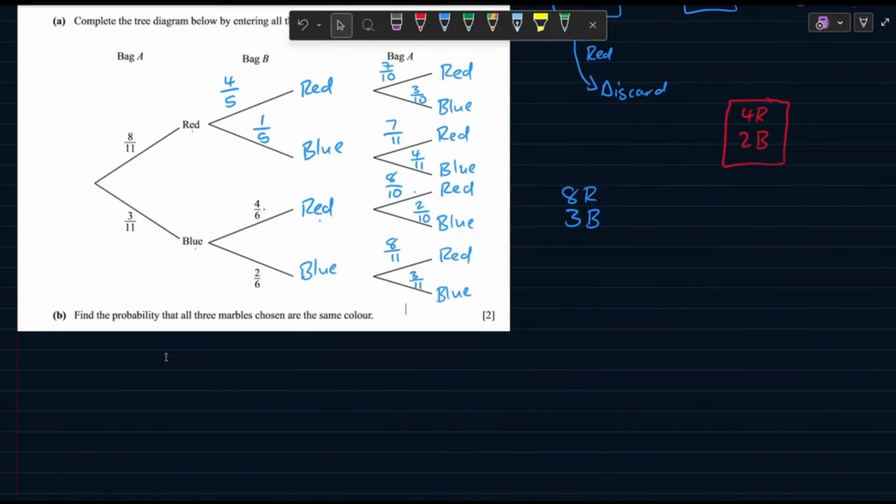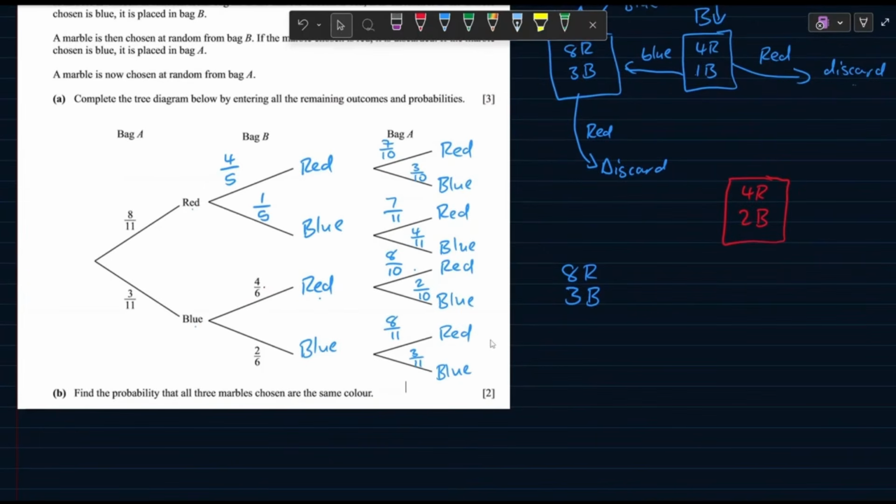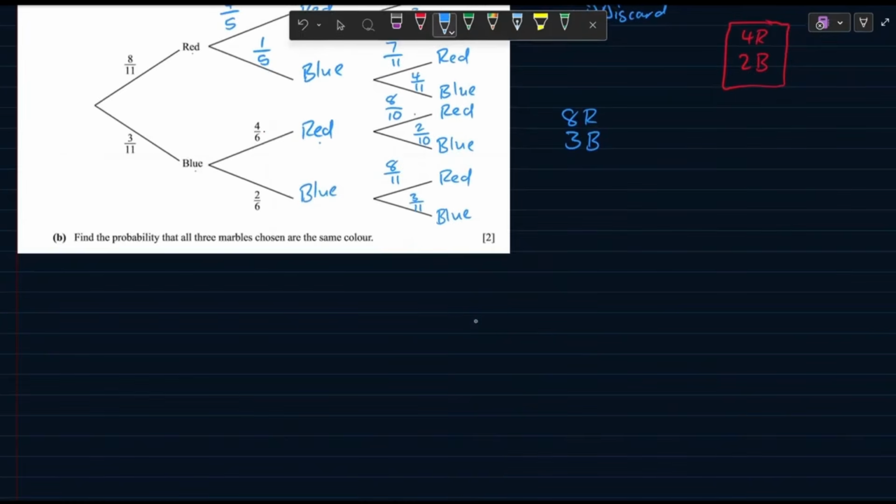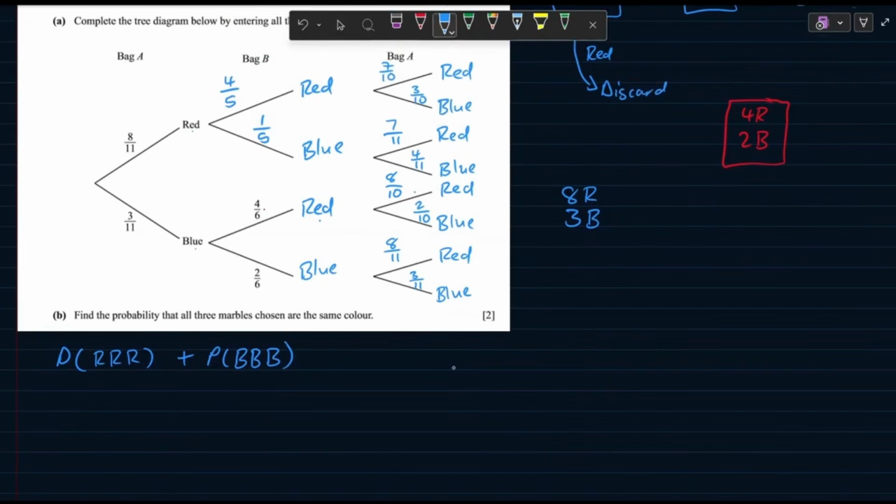Then part B says find the probability that all 3 marbles chosen are the same color. So that's either red, red, red or blue, blue, blue. So probability of red, red, red, that's going to be 8 over 11 for red in A, and then 4 over 5, and then 7 over 10.